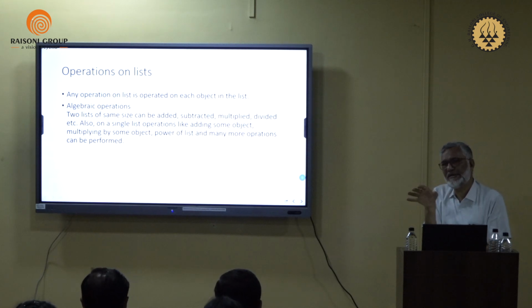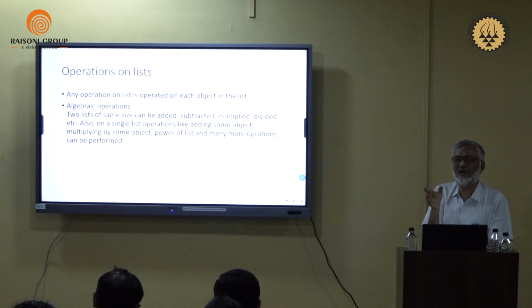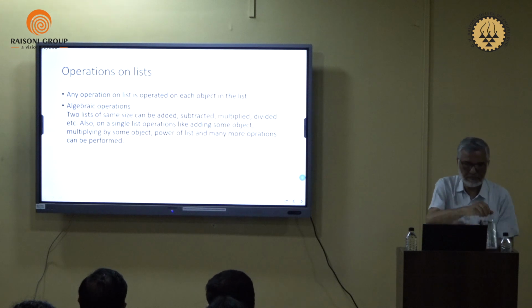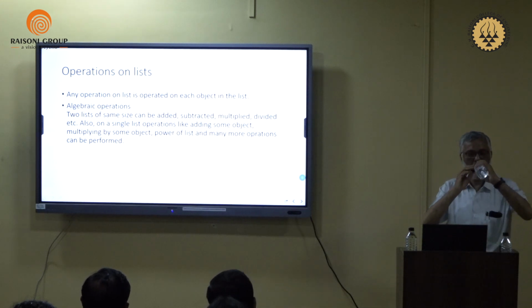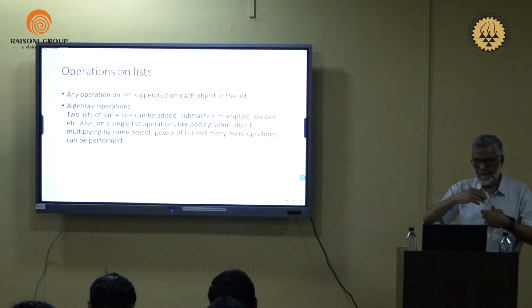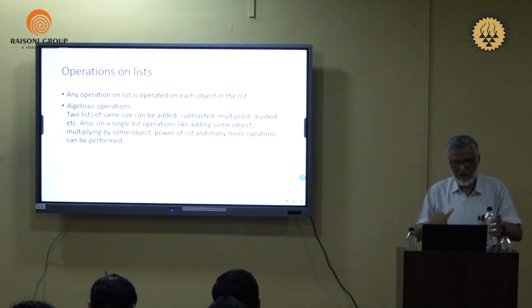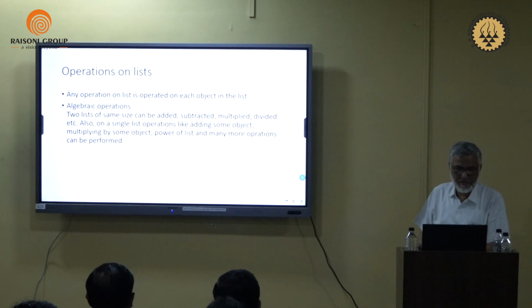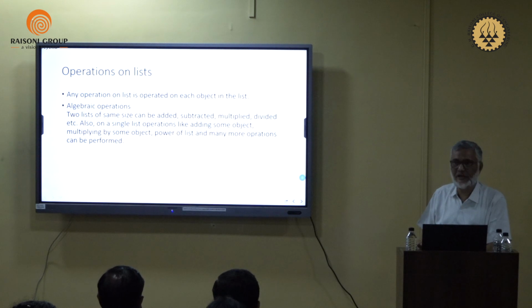In the case of vectors, addition of vectors is possible only if they are of the same size. Same thing here. You can even manipulate your list by adding some objects, multiplying by some object, taking the power of a list, and many more operations can be performed.